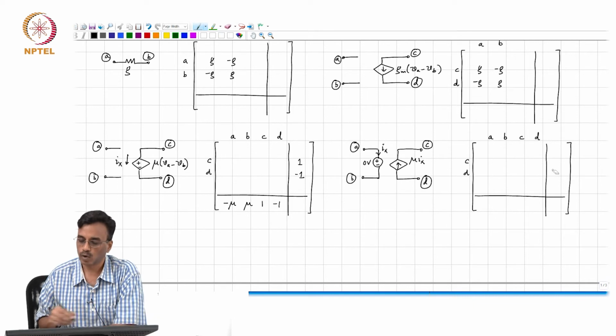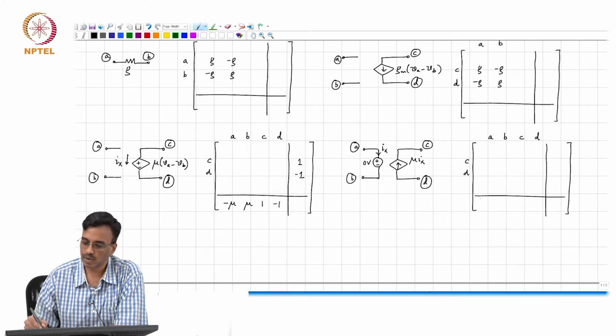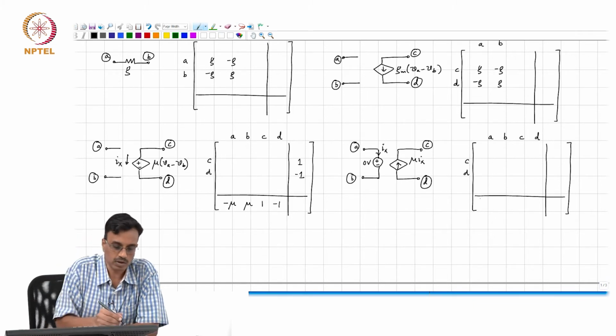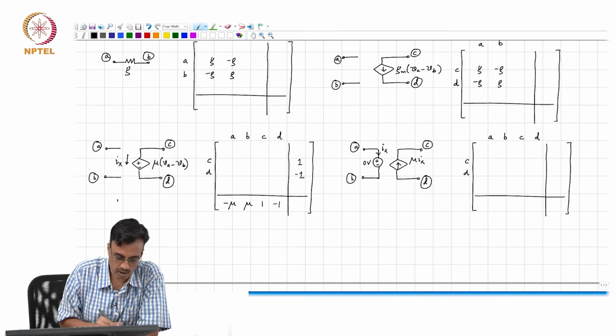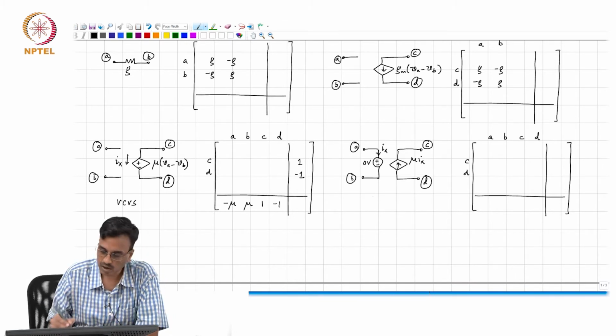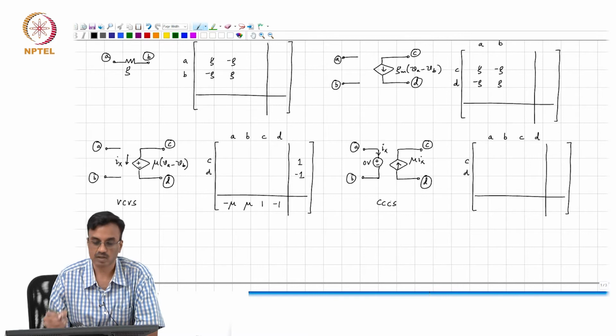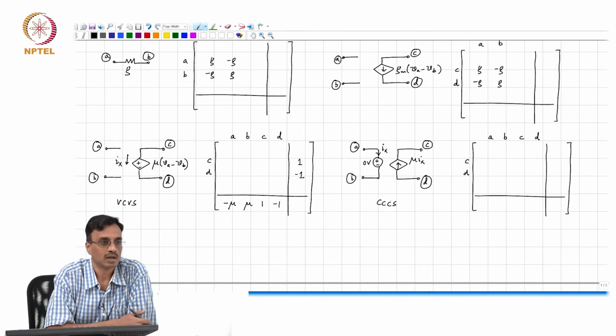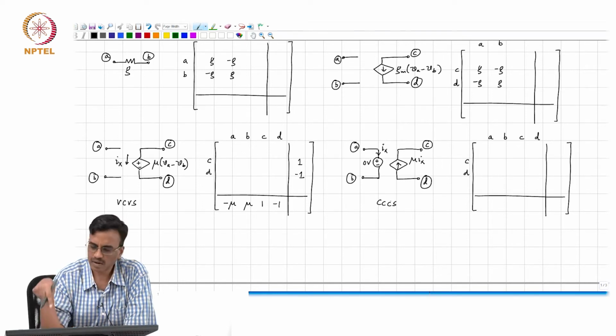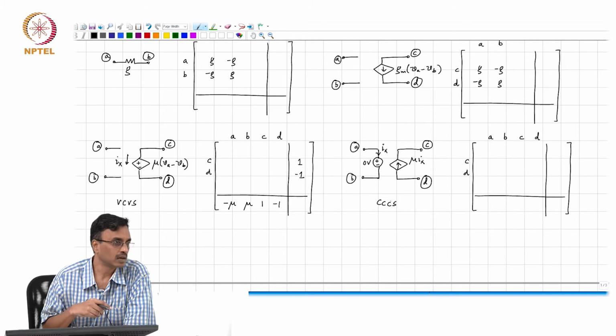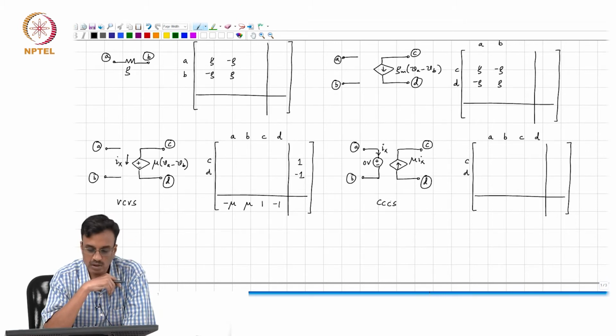After saying that, what comment can we make about the MNA stamp of the current controlled current source? So, this is the voltage controlled voltage source, this is the current controlled current source. What comment can we make about the stamp? Do not jump to conclusions.